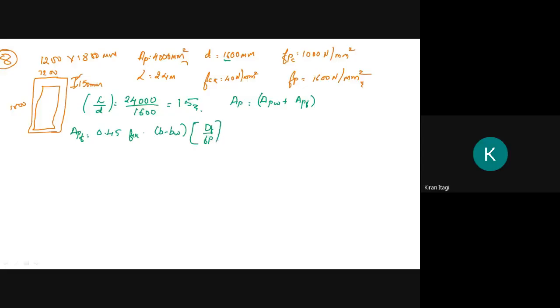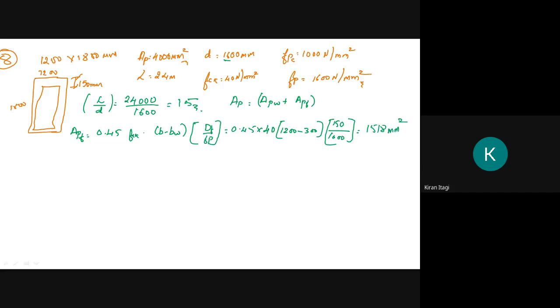Substitute the values: 0.45 multiplied by FCK, which is 40, times 1200 minus 300, depth of the flange given as 150, divided by 1600, the effective depth. You will get 1518 mm square.